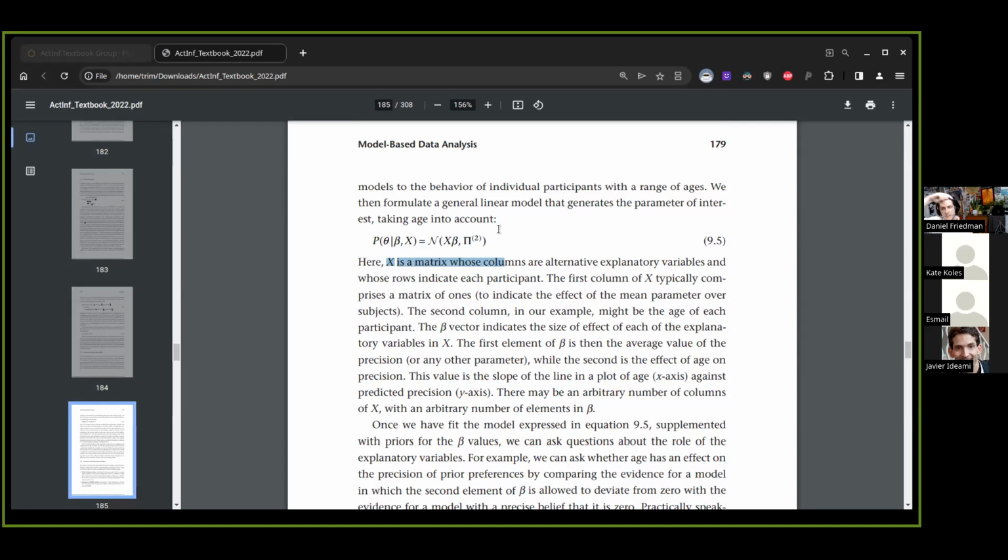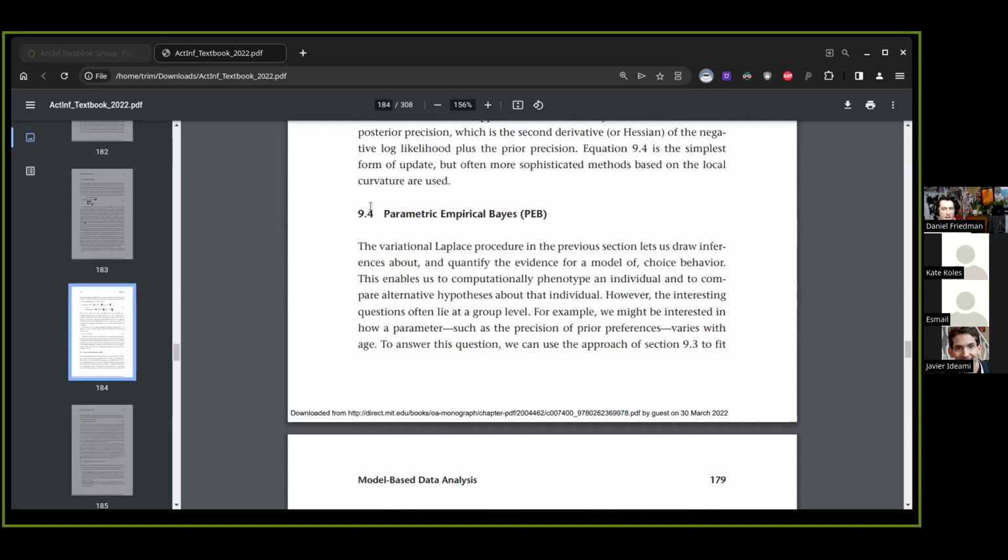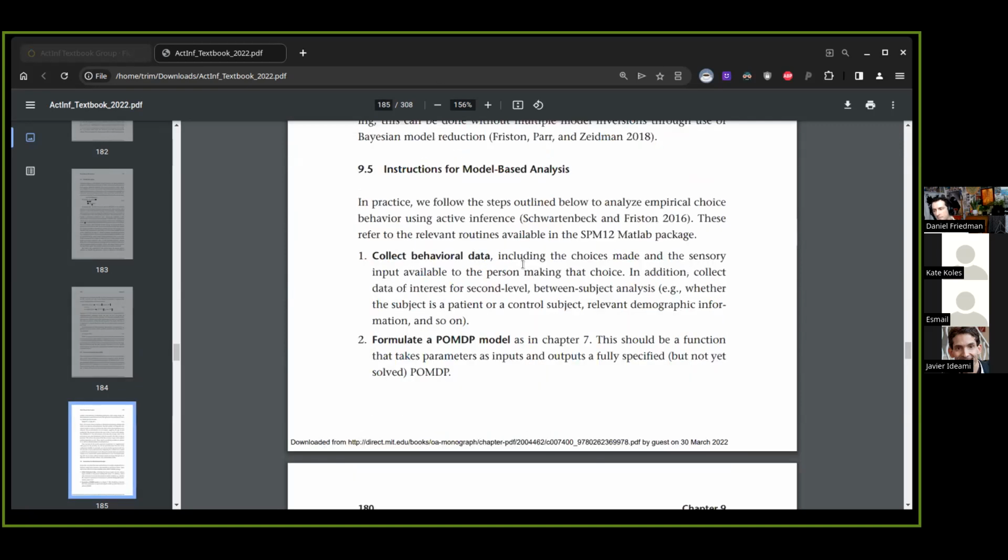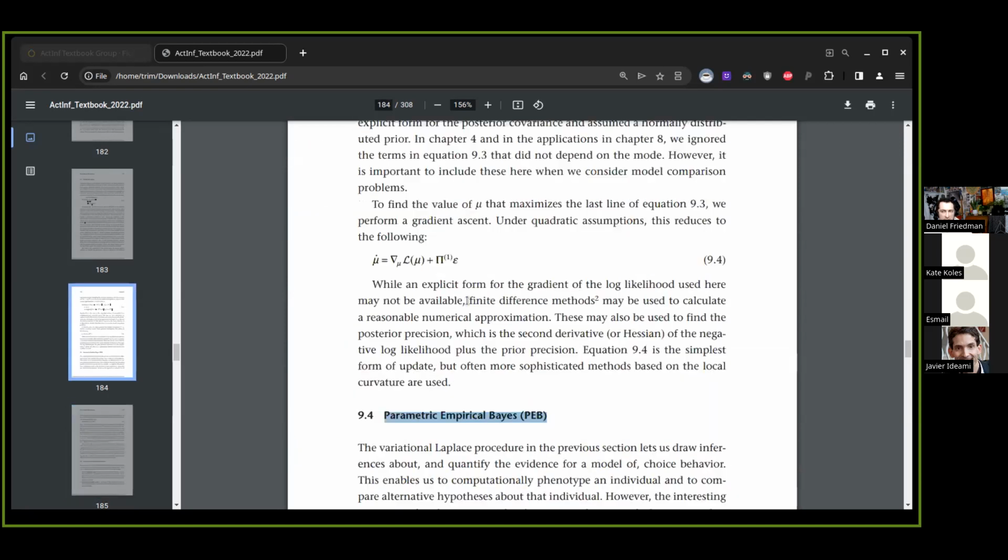And so that matrix, the design matrix, gets separated out from the measurements themselves. And that allows us to do this generalized linear regression approach. And that can be done within this parametric empirical Bayes framework. These are very short sections.